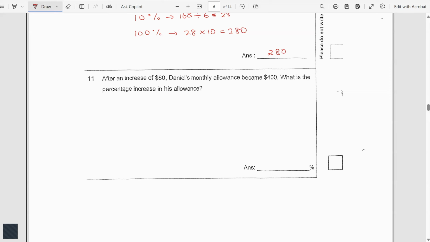Okay, let's find out what's 100%, the original. Since the new amount is 400, the original allowance will be before the increase. This gives us $320. Okay, to find percentage increase, you have to use this formula.